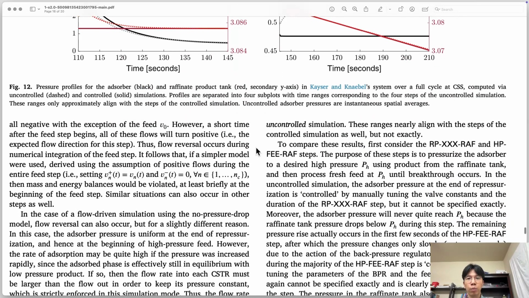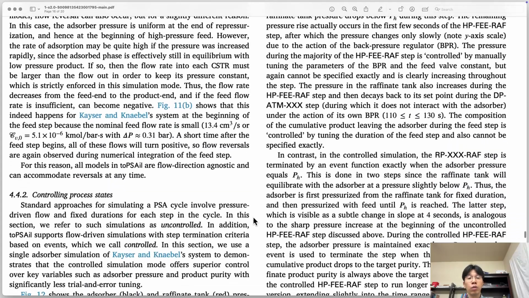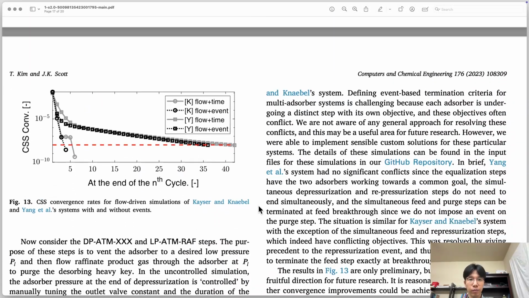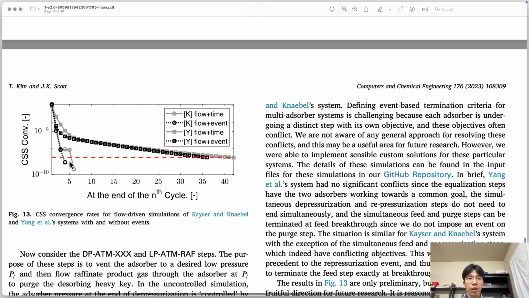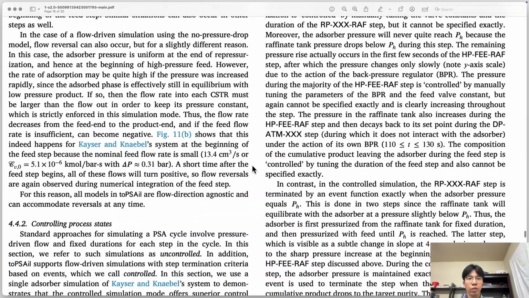So we can incorporate event functions to better control the state, things like when to stop the integration and so forth. And that event function has the ability to lower the number of cycles required to approach the cyclic steady state. So when you combine flow-driven simulation with events, you reach the cyclic steady state much faster than not using the events.